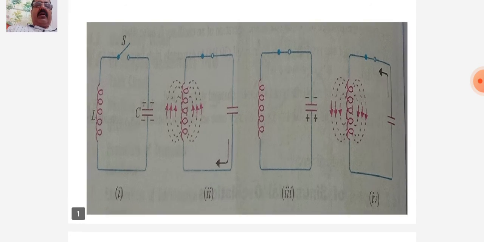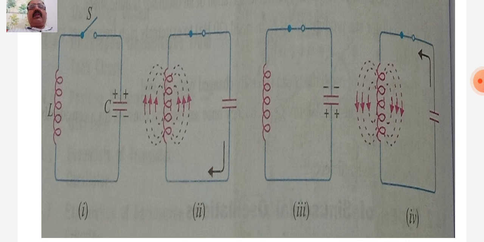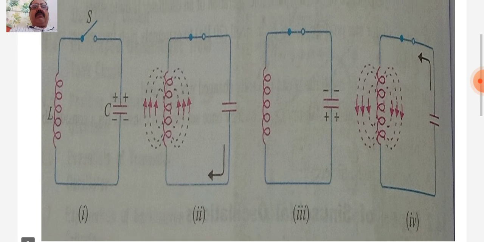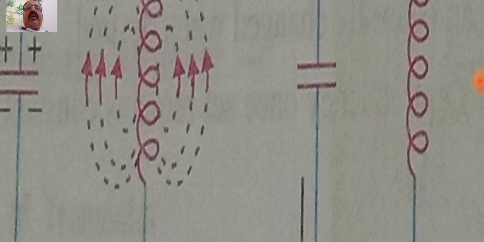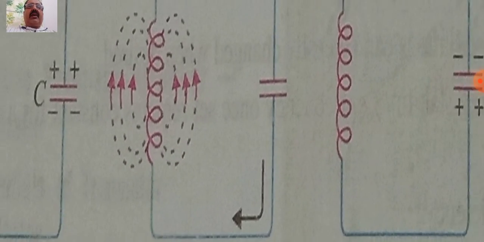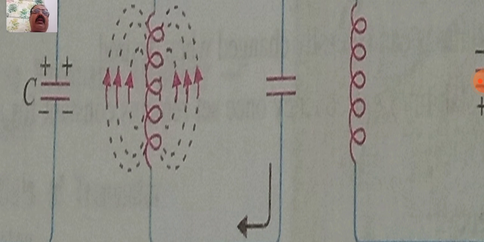So let us consider the explanation of figure number 2. When the switch S is closed as shown in figure 2, the capacitor will discharge through the inductance and the electron flow will be in the direction indicated by the arrow. The current flow sets up a magnetic field around the coil. Due to the inductive effect, the current builds up slowly towards a maximum value.